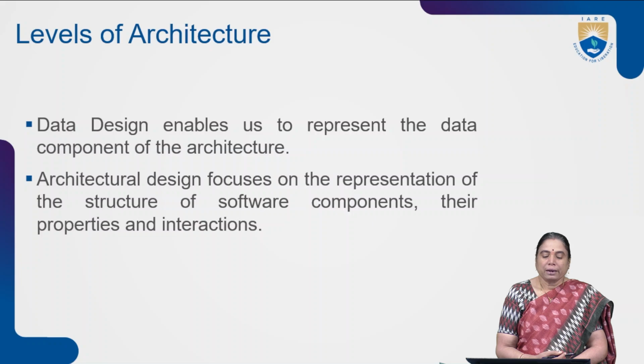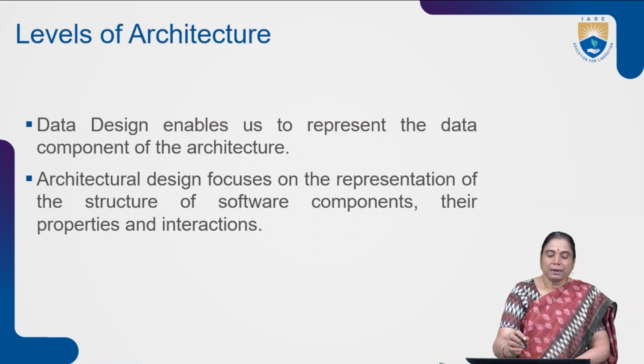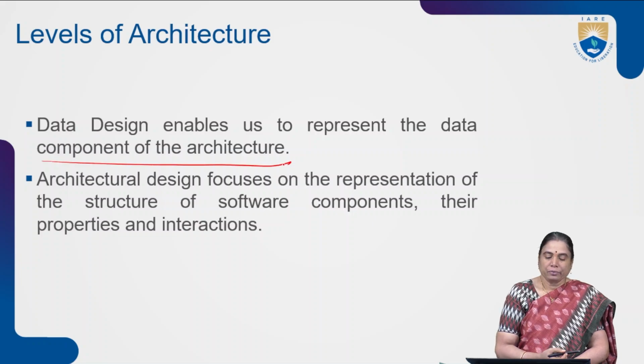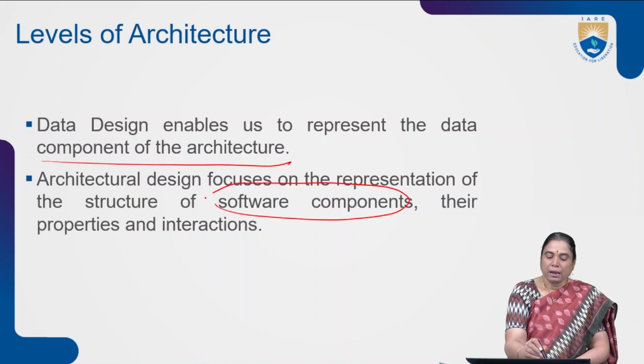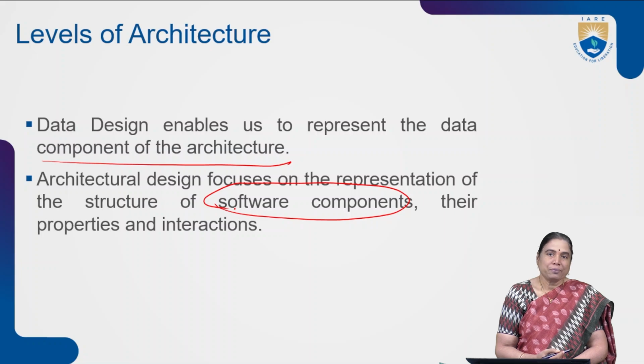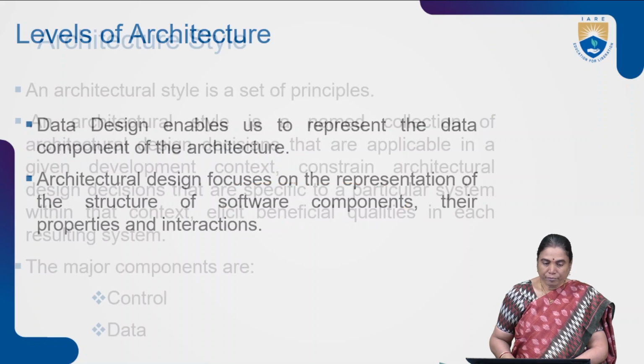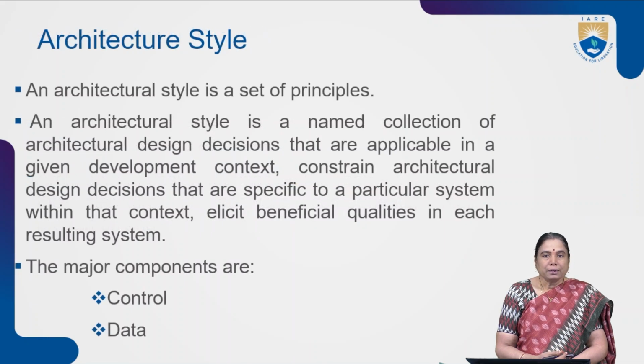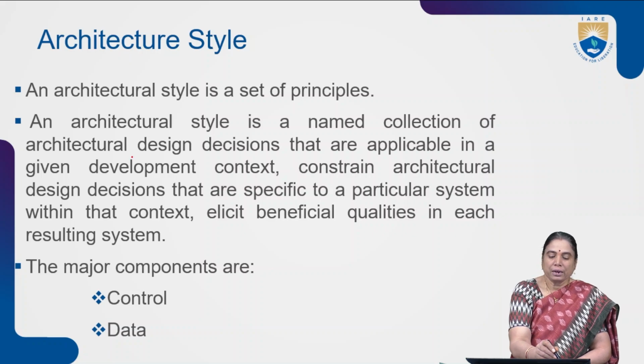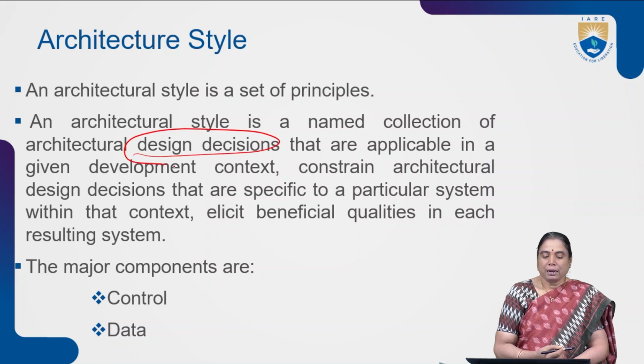So among the levels of architecture, data design enables us to represent the data component of the architecture. Architectural design focuses on the representation of the structure of software components and their interactions as well as properties. An architectural style is a set of principles, a named collection of architectural design decisions that are applicable in a development context.